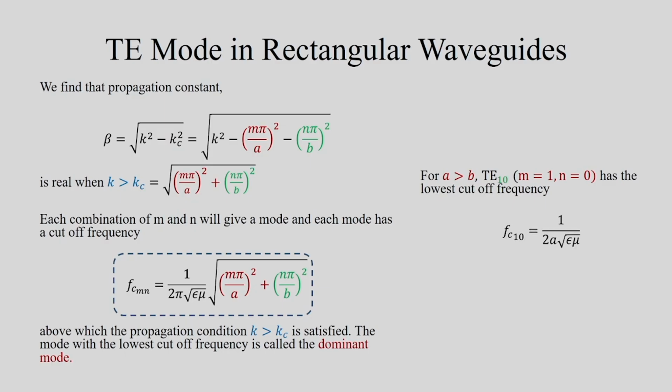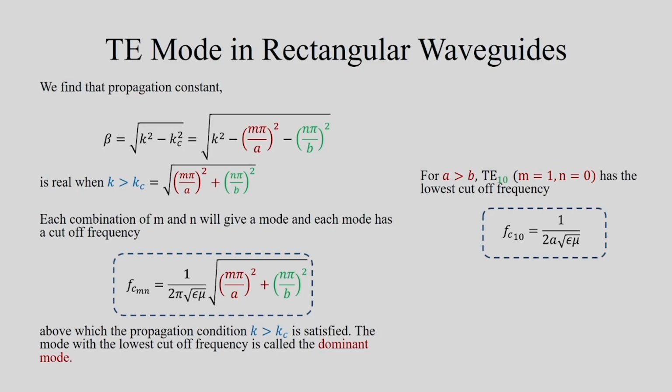Now, once we substitute m equal to 1, n equal to 0 here, we get f c 10 to be equal to 1 by 2a root mu epsilon. So, this is the cutoff frequency for the dominant TE10 mode in a rectangular waveguide.